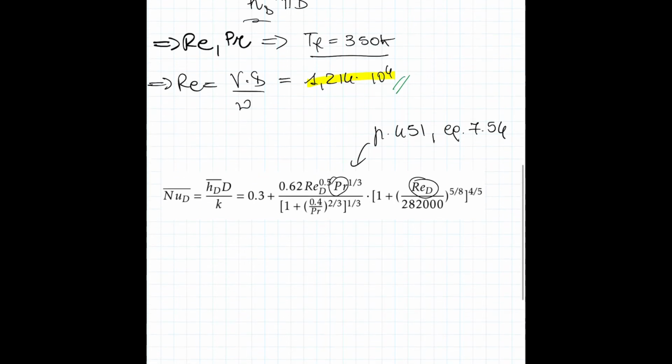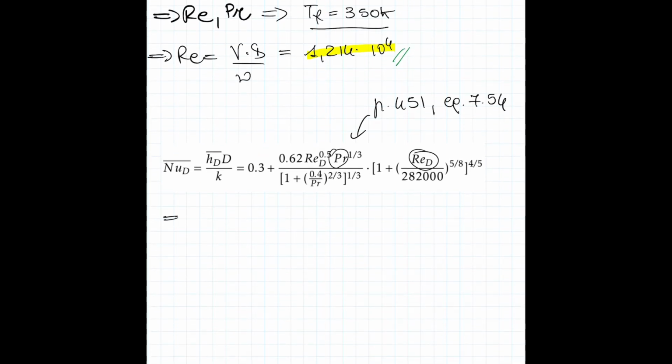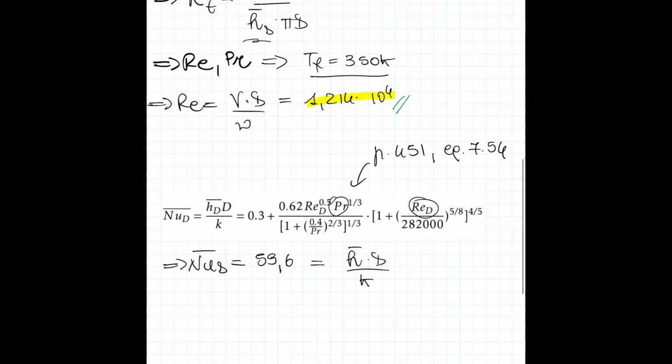Now, having this equation really helps us because once we know the Reynolds number and the Prandtl number, we can just sub in the values, and you should find that the average Nusselt number in our case is 59.6. Now this is equal to, as we know, h times D over k, where k is the conductivity, which of course we evaluated at the film temperature indicated here.